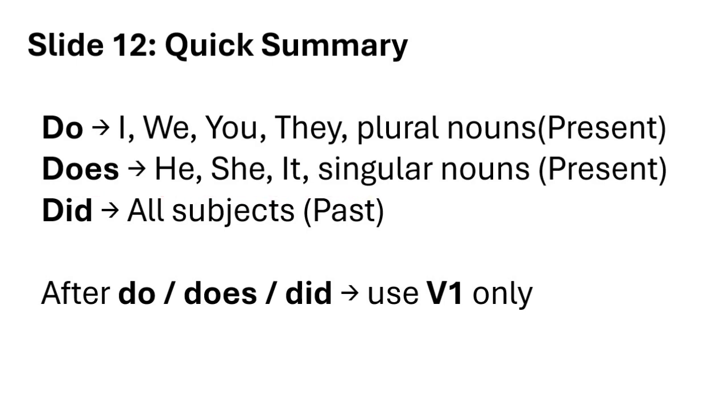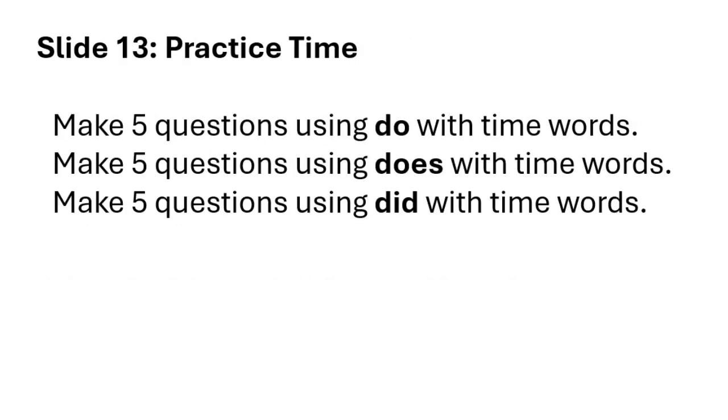In past there is only one helping verb, that is did, and with all the subjects we use did. Okay, and one more thing you should remember, after do, does, did, we use the first form only, the first form of the verb, okay, not the past form. We don't even use s or es after the main verb, right? Only the first form we use.